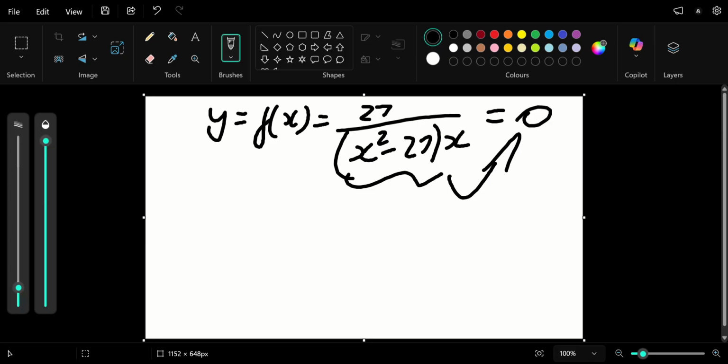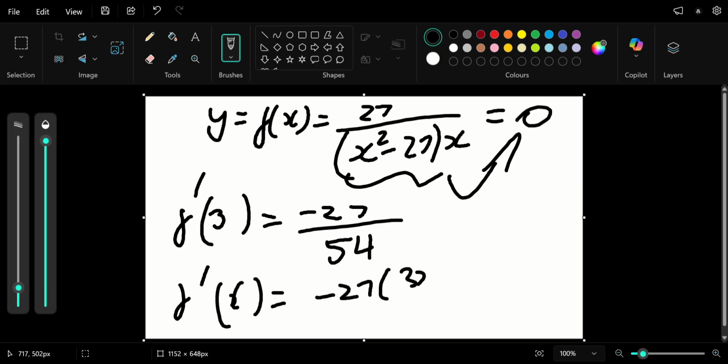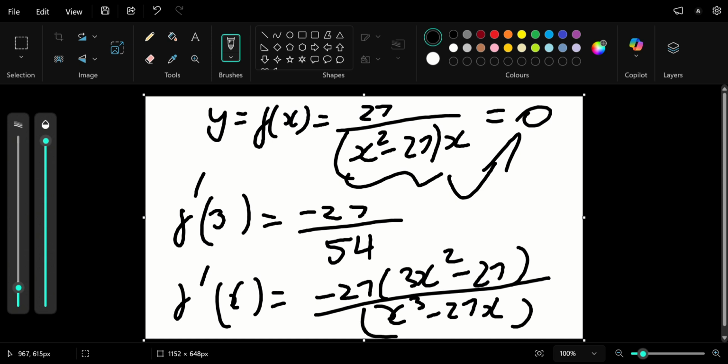When we do that, you'll find that f of 3 is just 27 over 54, minus 27 over 54, because remember, our function was minus 27 over x cubed minus 27x.